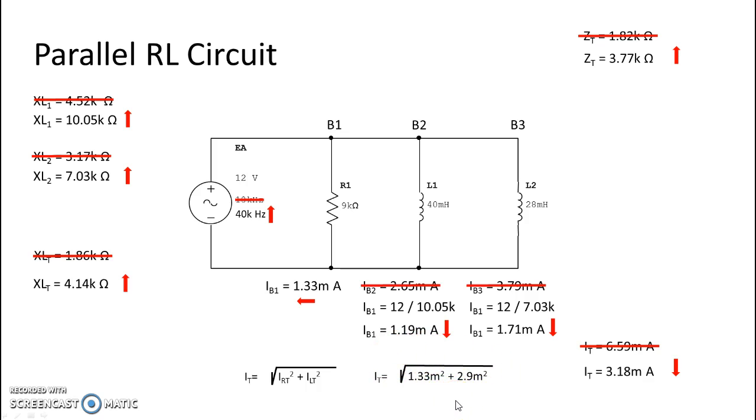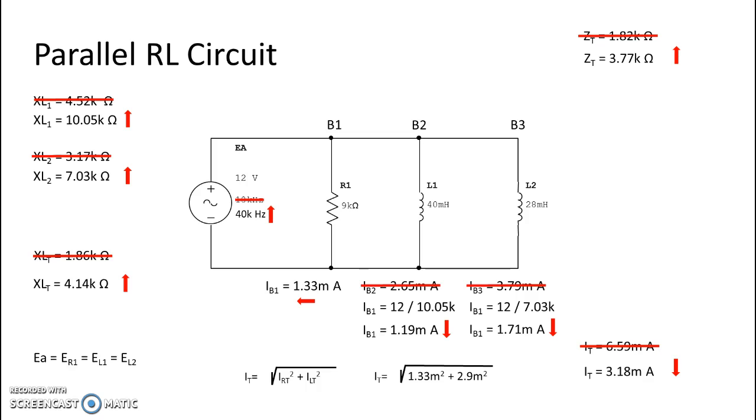If I added the two together, I would get 4.23 milli. And you'll notice that 3.18 milli is larger than 2.9 milli, but not as big as the two of them just straight added together. And that's kind of a way to double check and say, oh yeah, I got it right.